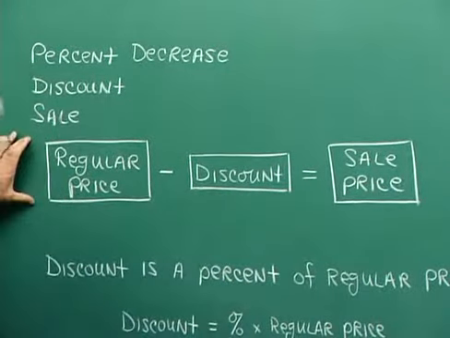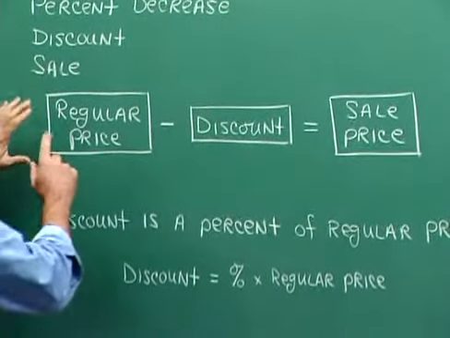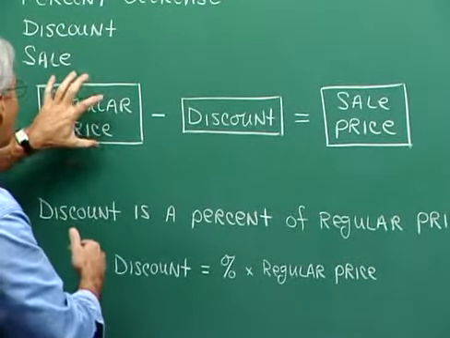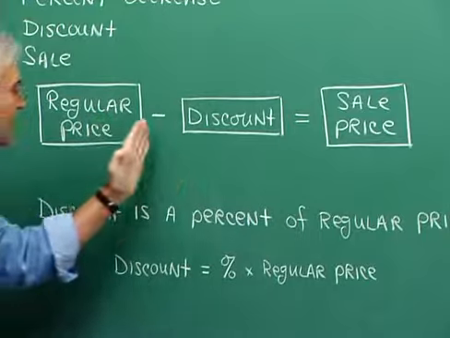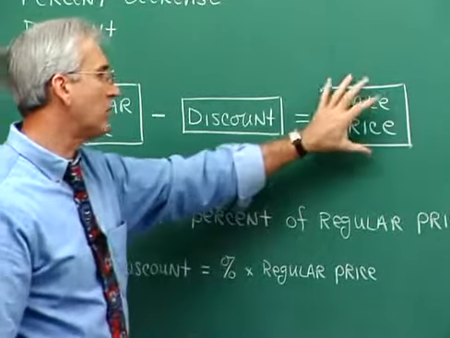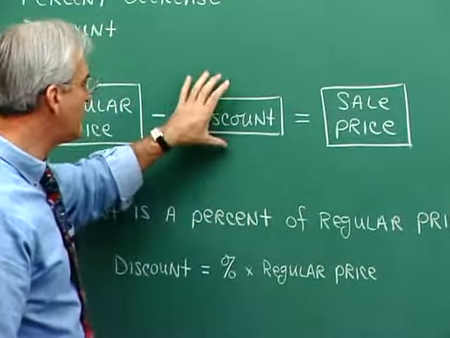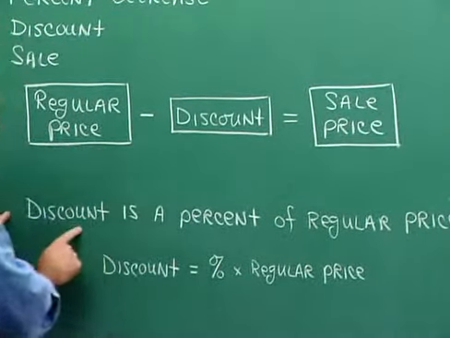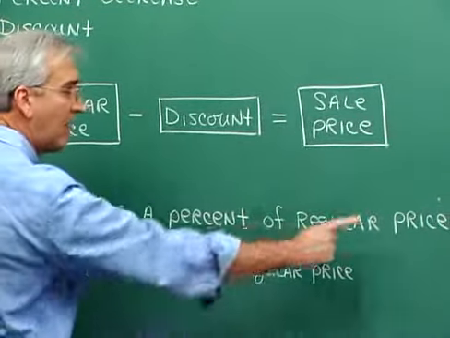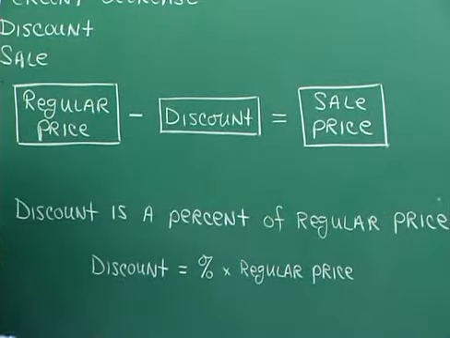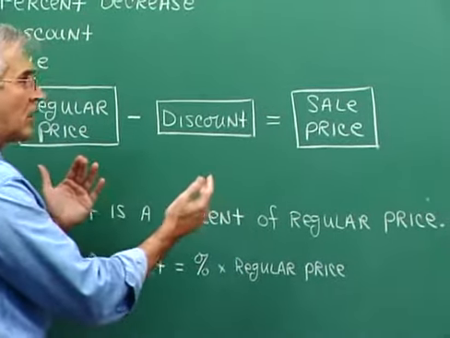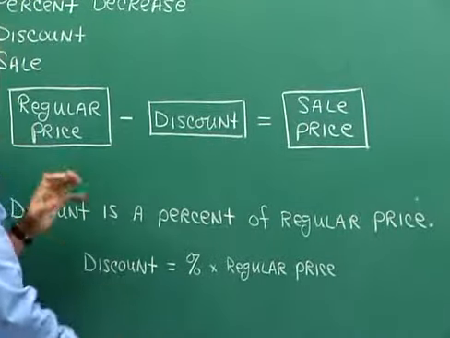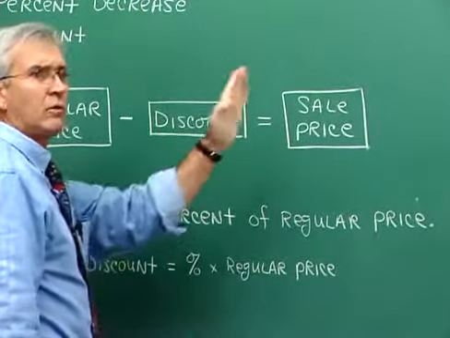So regular price, or this is what we had called selling price before, that's the regular price of an item in a store minus some discount is equal to the sale price. Now this discount is figured as a percent though. In fact, the discount is some percent of the regular price. And notice the relationship here between markup and discount. The markup, remember, it was the cost plus markup equals selling price.